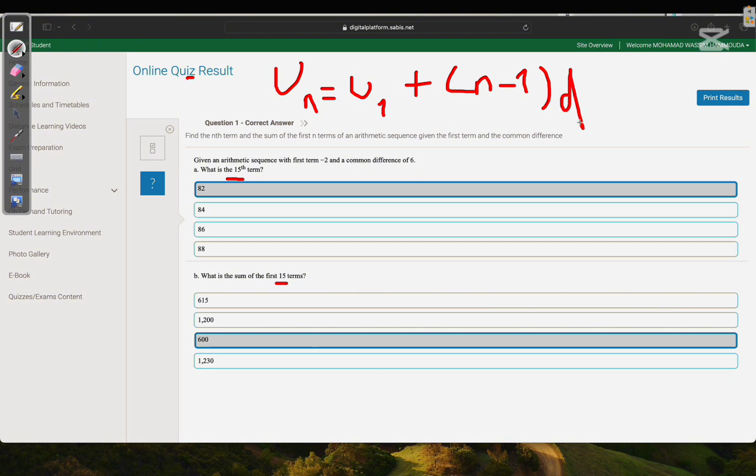D is the common difference. u1 is the first term, so -2 plus 14 times 6. -2 plus 14 times 6 will give us 82.